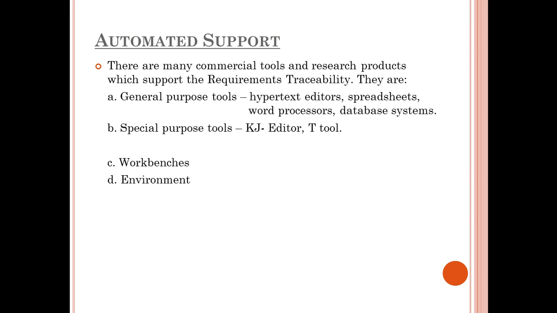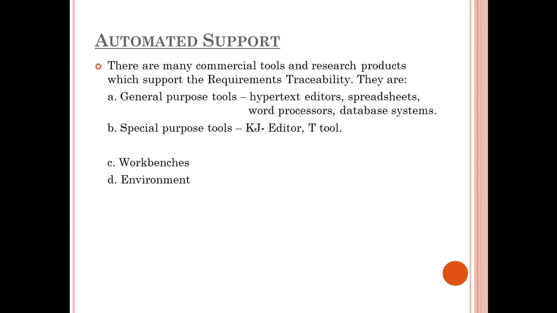The next is automated support. There are many commercial tools and research products which support requirement traceability. These tools are generally implemented because they embody the manual or automated forms of the techniques which we discussed in the previous slide. Some of these tools are general purpose tools, and some examples are hypertext editors, spreadsheets, word processors, and database systems.